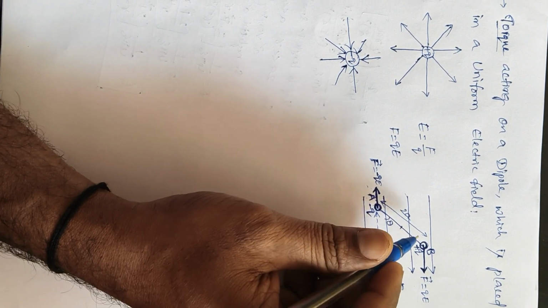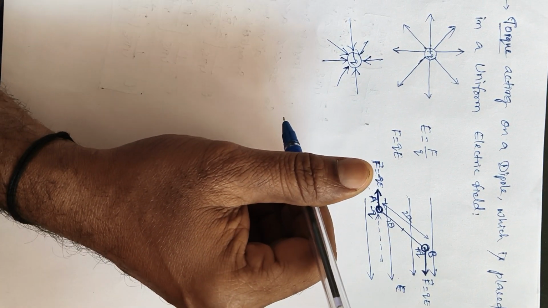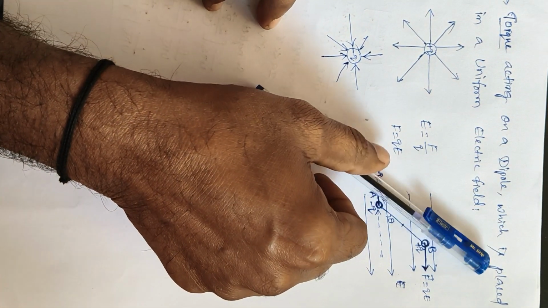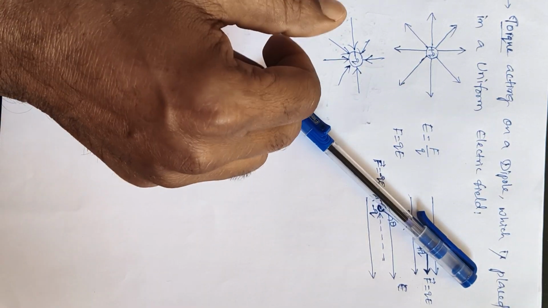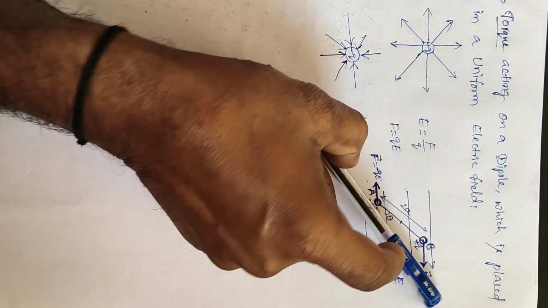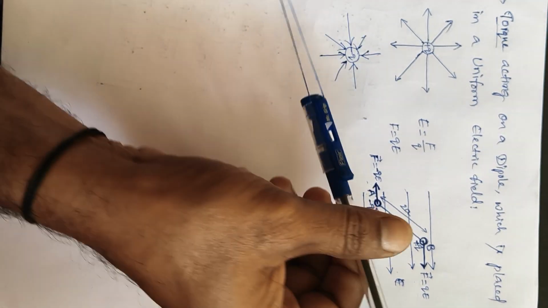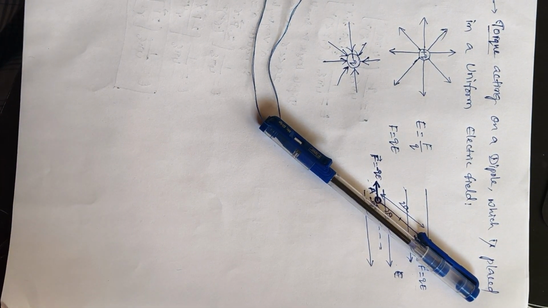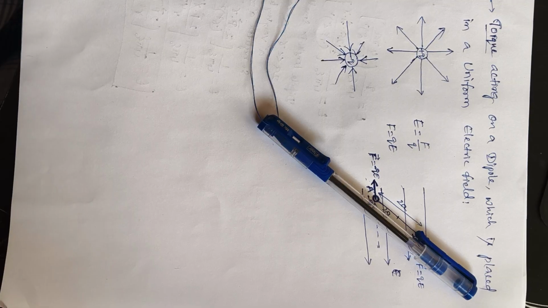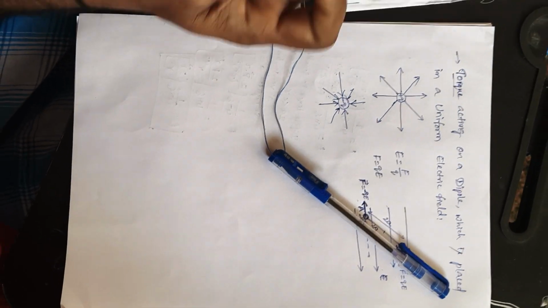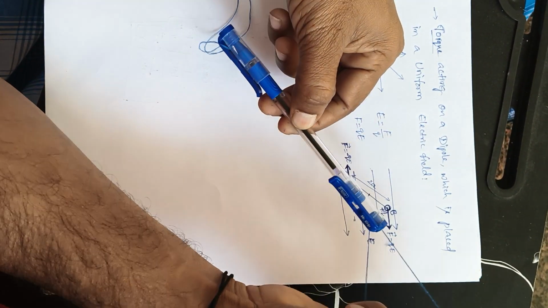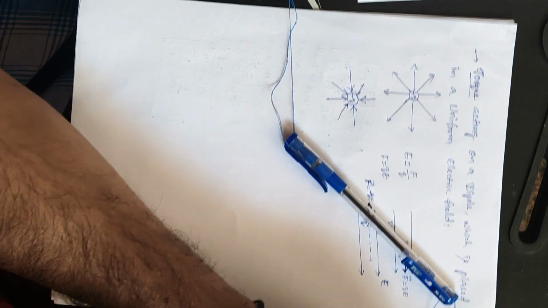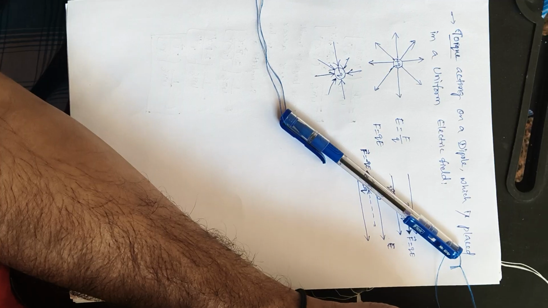Due to that, what happens? Here is one small experiment. For example, consider a pen as a dipole.